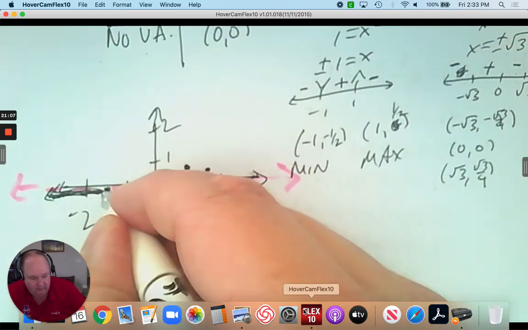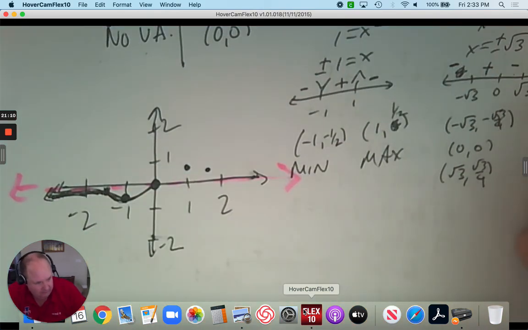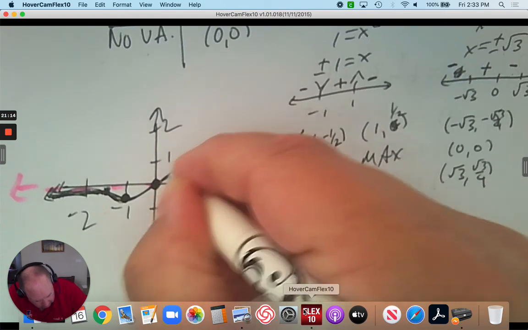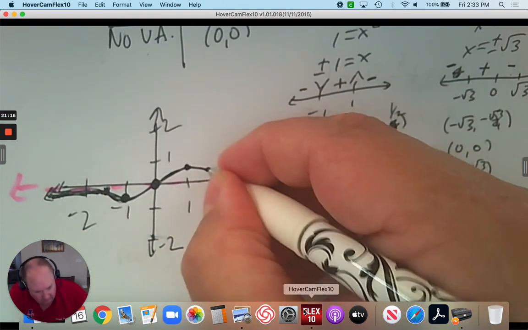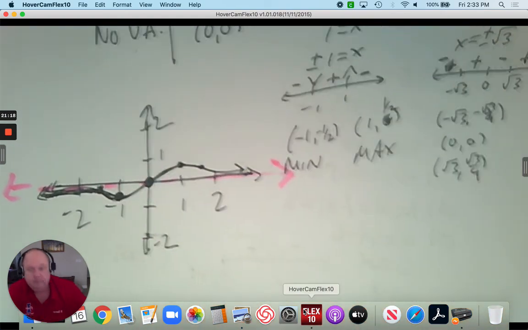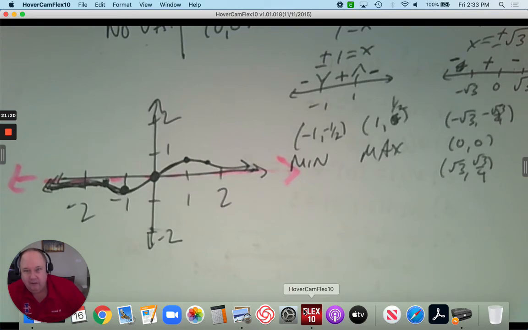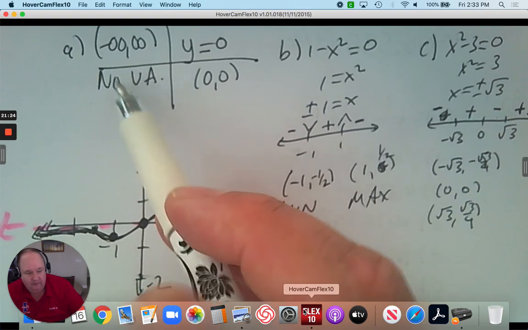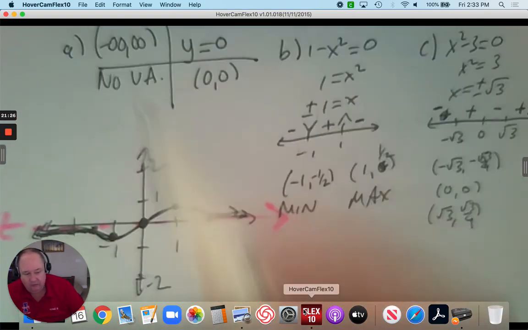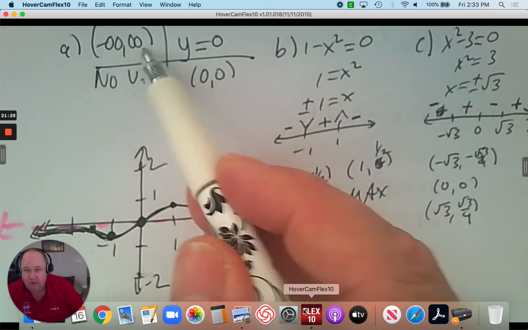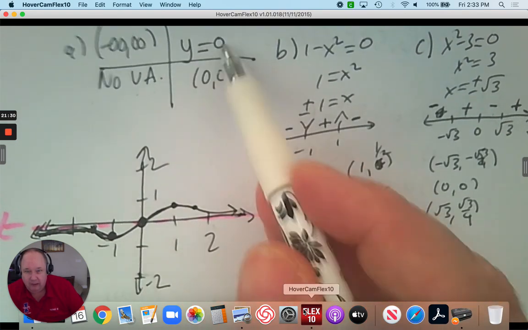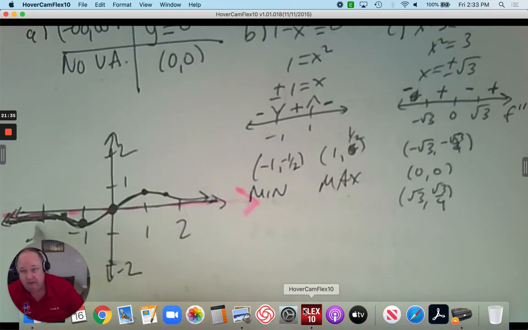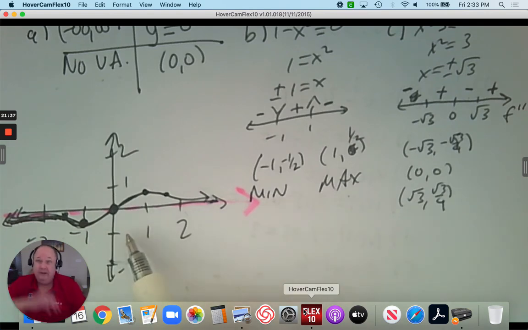So concave down, then concave up, concave down, and then concave up. And then I've connected the graph and the end behavior. So I found in the end behavior 0, all real numbers, no vertical asymptote, y equals 0, 0, 0. We found the minimum, maximum, the points of inflection, the changes if it smiles or frowns, and that's everything.